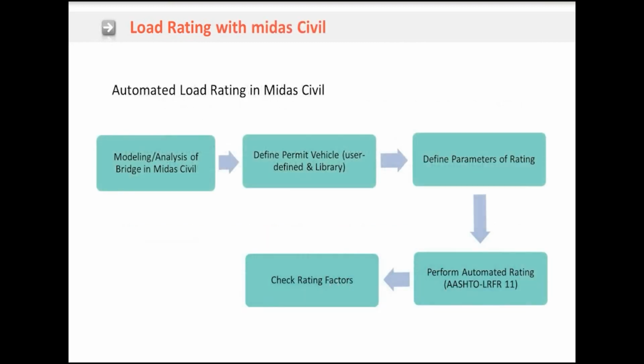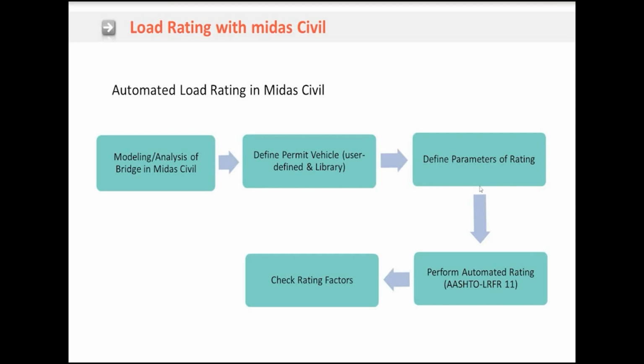So here is the process of load rating in MIDAS Civil. We can simply model the bridge and then perform the analysis, and then the next step will be defining the permit vehicle, which could be user defined, or you can get it from the library, which has a certain permit vehicle for California DOT. And then defining the parameters of a rating is very simple and straightforward, and then performing the automated load rating.